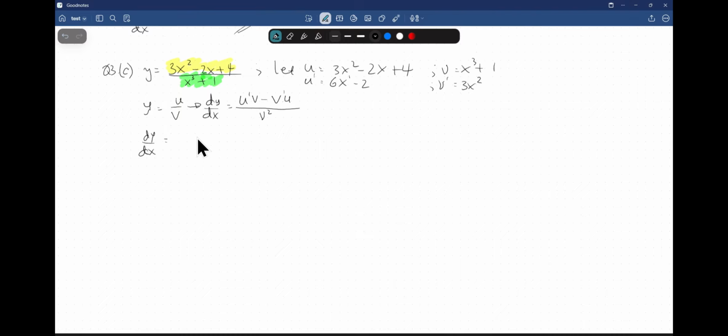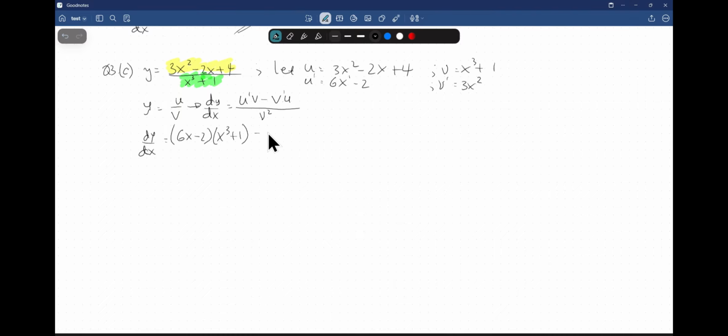So substitute everything back. U prime will be 6x minus 2. Put the brackets to avoid any mistake. Times v, which is x cubed plus 1.